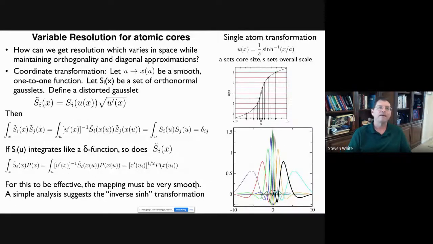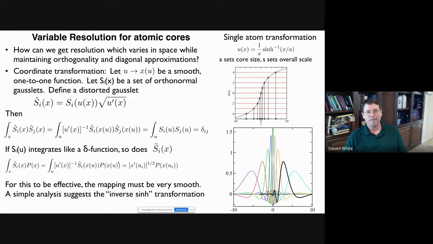Okay. Well, you can see those functions are nice and local. To change their resolution, we can do a coordinate mapping, which puts more of them near the nucleus. We can just change the coordinates as long as we put in a Jacobian or a square root of Jacobian to keep the orthogonality. And that will automatically keep the delta function property.